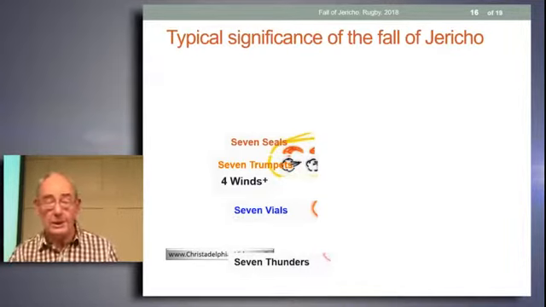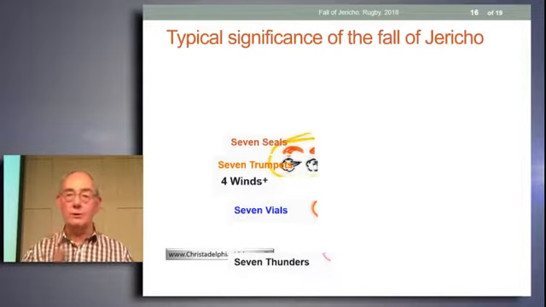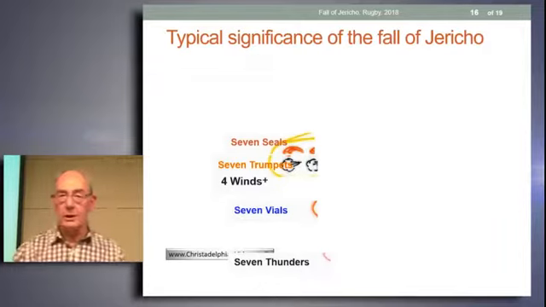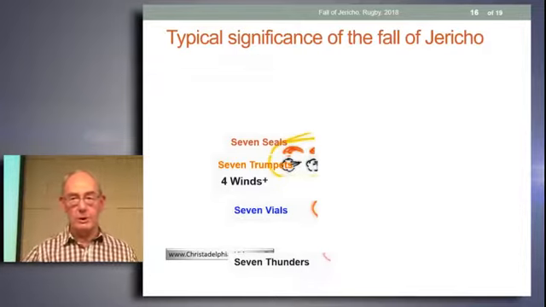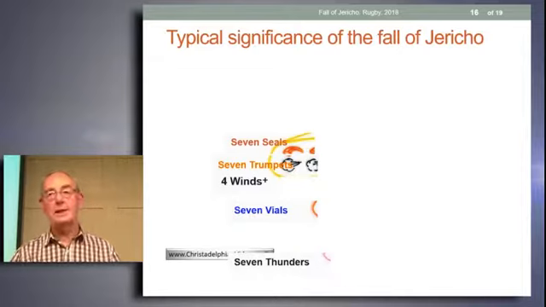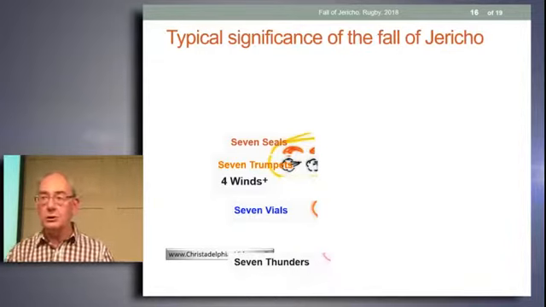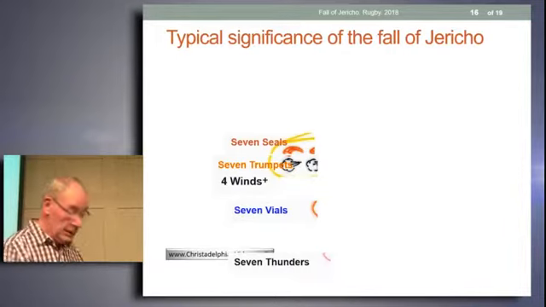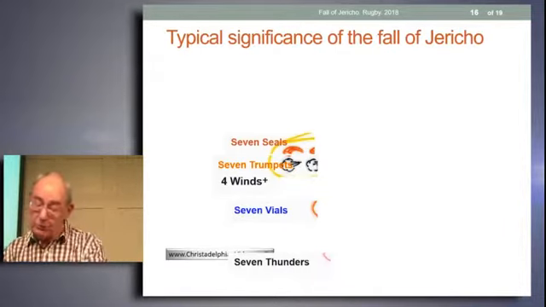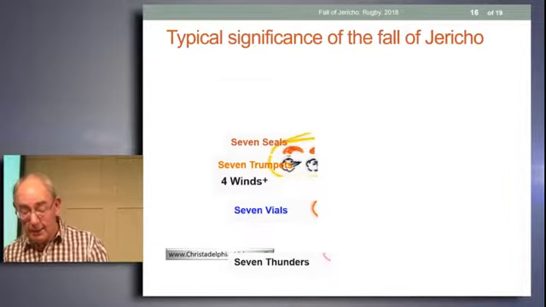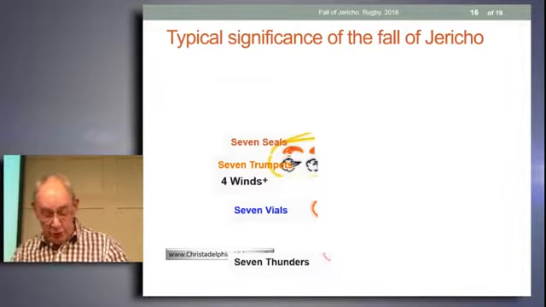The 7th vial, here it is, like the 7th sounding of the 7th trumpet. So it's remarkably similar, isn't it, to the procession around Jericho 7 times, and then the last day 7 times again, and then a great shout and a great earthquake. In fact, it's interesting, I haven't got this on the screen, but it's in Revelation chapter 16, where this is mentioned.